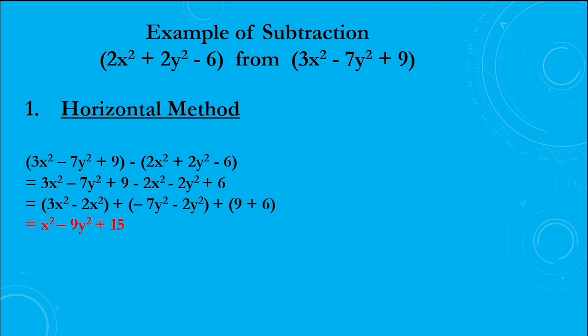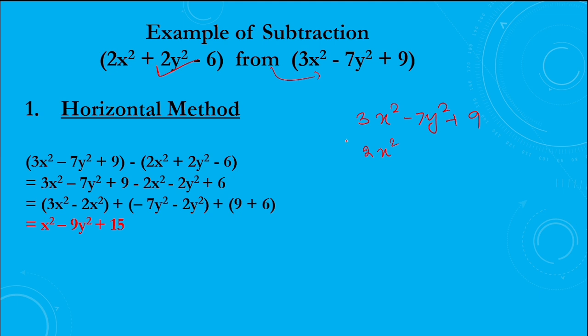So how to solve? Suppose one example, 2x square plus 2y square minus 6. So first we write the second one, because we subtract the second from the first. So first write down 3x square minus 7y square plus 9. So now we write the first one. 2x square, we write x square below the x square, that is 2x square.